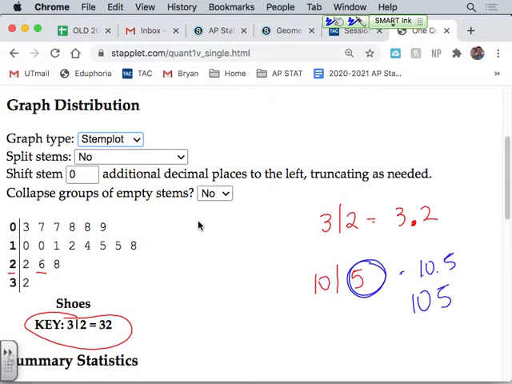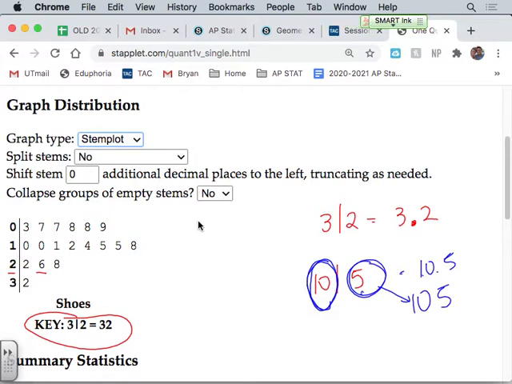But you have to make sure you put a key on it. The stem part is your first whatever digits you want, and then the leaf part is always just the last digit that you have, so all the way to the far right side number.